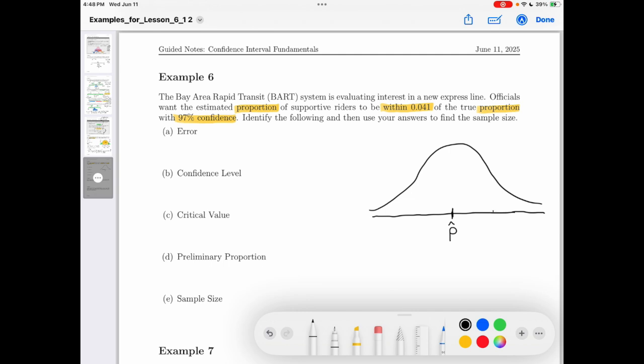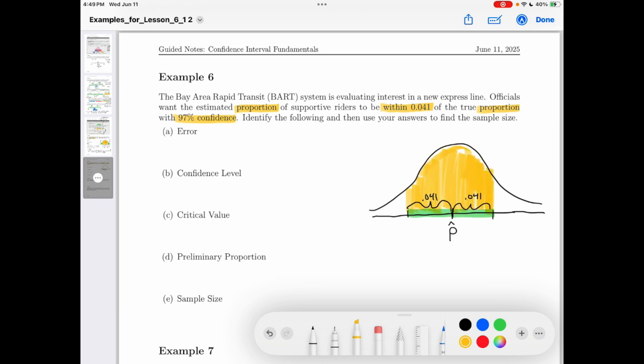It's called P hat. We want it to be within 0.041. So here's our error. So we want our interval to come out in either direction with an error of 0.041. We want a confidence interval of 97%.